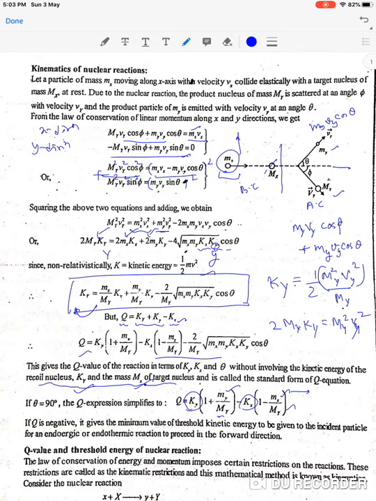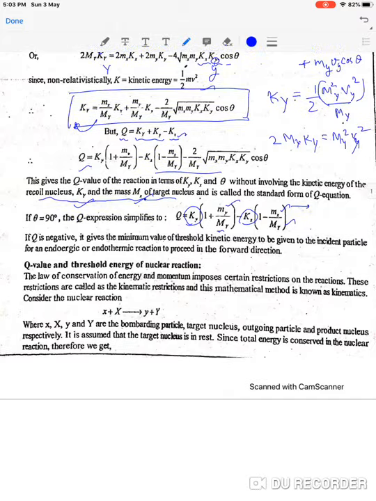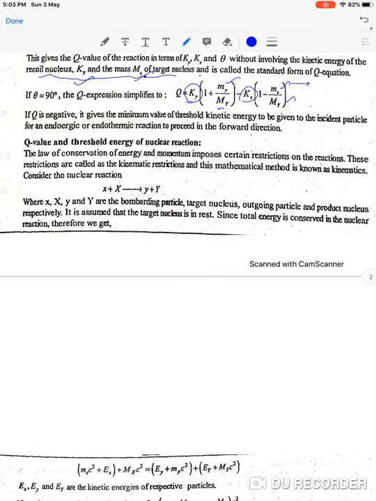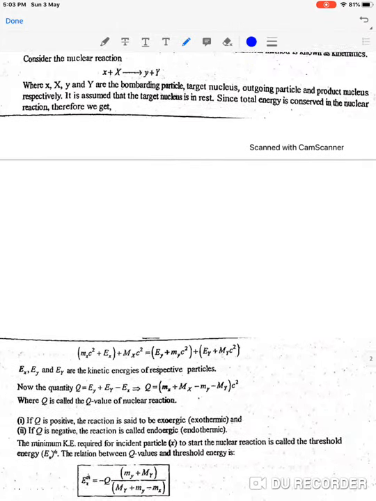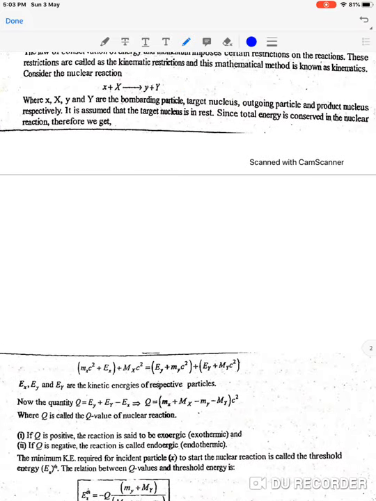Then the next thing is, if I conserve energy for this process, this is the process we are using: x plus X, we are bombarding x onto the parent nuclei, and we are getting a daughter nuclei with the outgoing particle.